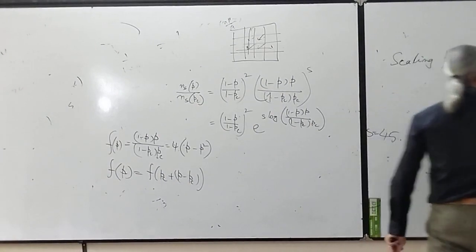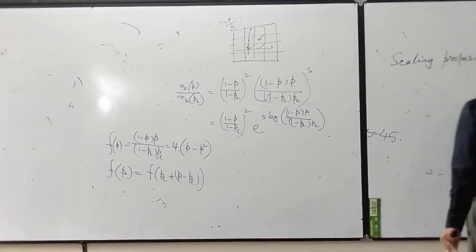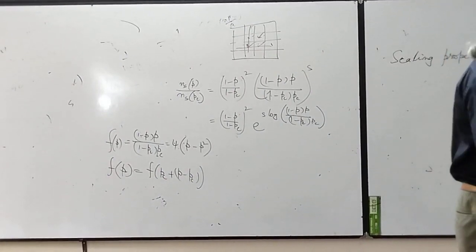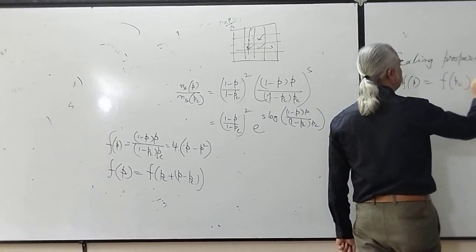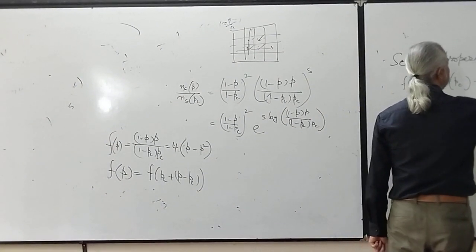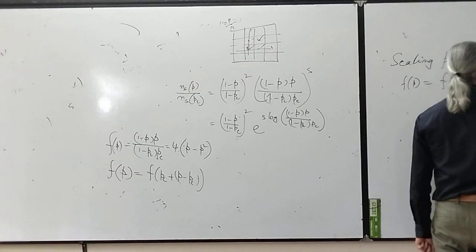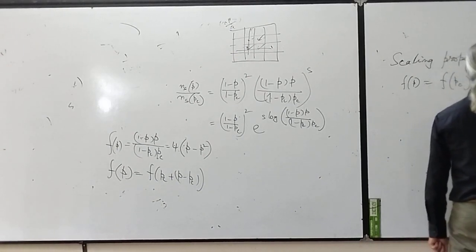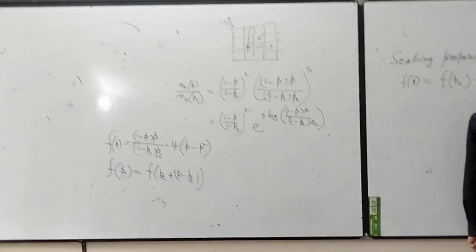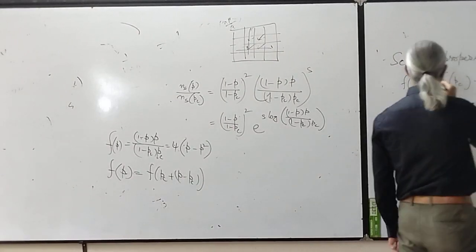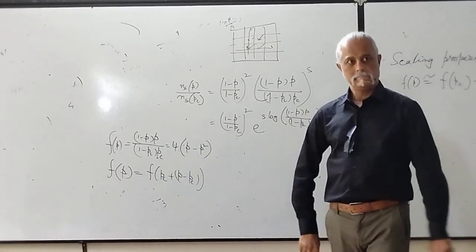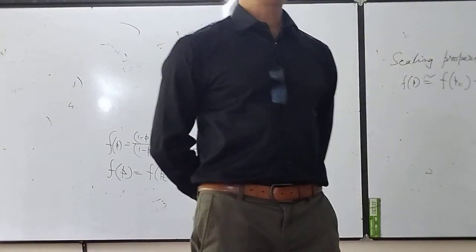If we do the Taylor series expansion, f(p) equals f(pc) plus (p minus pc) times df/dp at p equal to pc, plus (p minus pc) squared times half d squared f/dp squared at p equal to pc, and so on, which is approximately this, because our business is near pc.